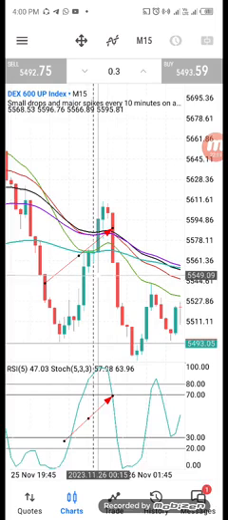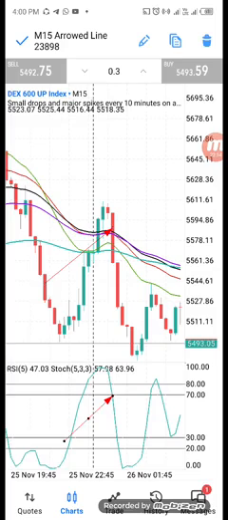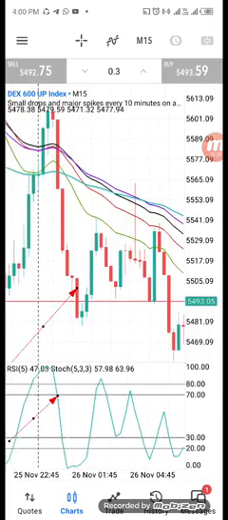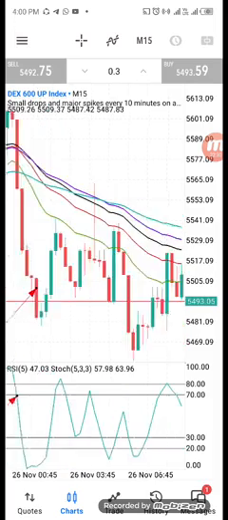So now we have this particular candle that closes below all the moving averages. So this is our entry point. Mind you, we are taking 15-minute time frame. So our entry point, 1, 2, 3, 4 candles. So that is how we roll it.